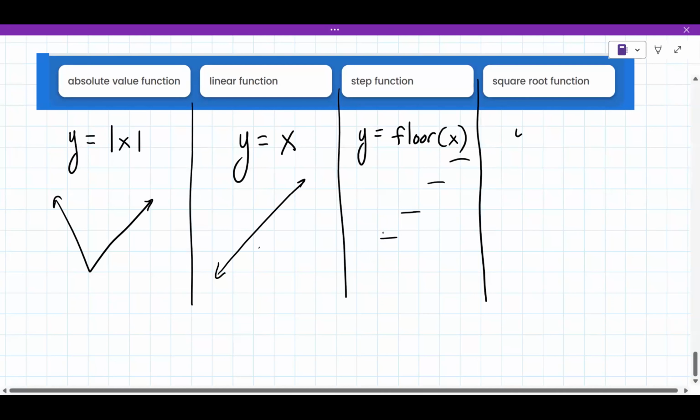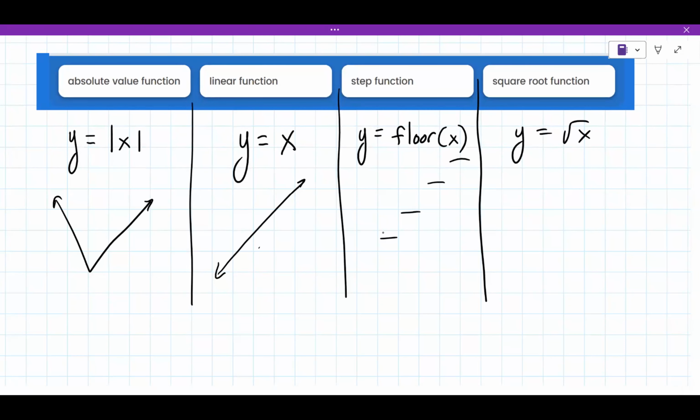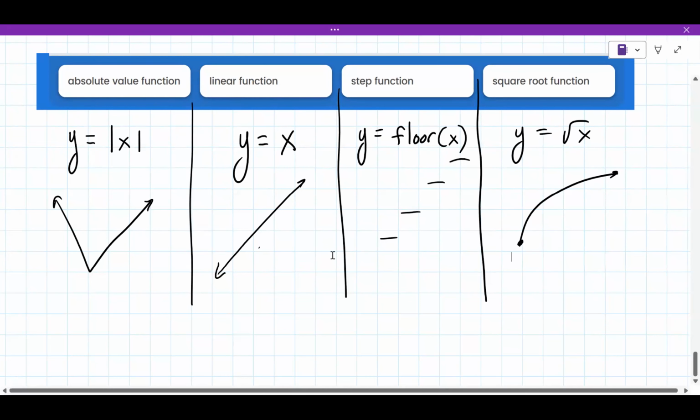All right, and then could you graph the last one for us, please? Sure. Okay, now this one has a little curvature to it. Yeah, good.